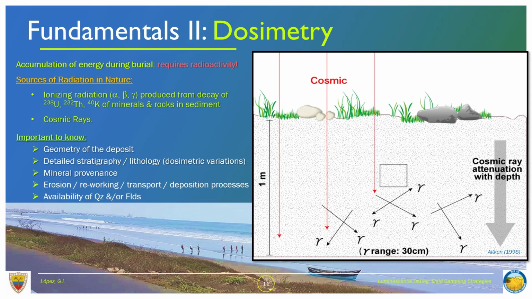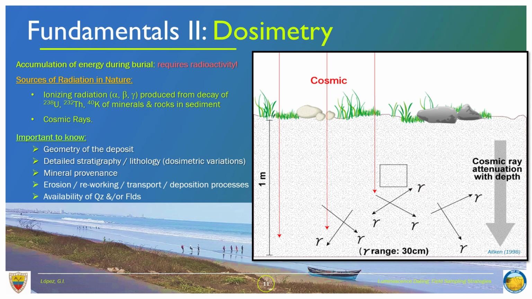Another fundamental aspect to take into account, which is crucial for sampling, is dosimetry. So all the radioactivity that happens inside that sediment is going to have an influence on your sample. That radioactivity is in the form of decaying of uranium, thorium, and potassium isotopes. So it's very important to actually understand your lithology and the stratigraphy of your sampling area.